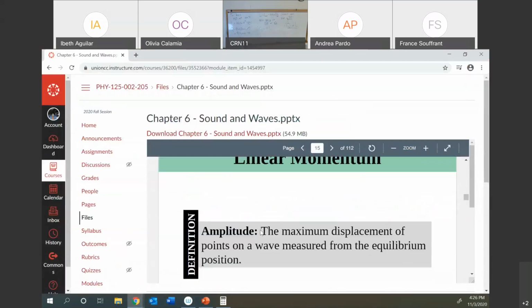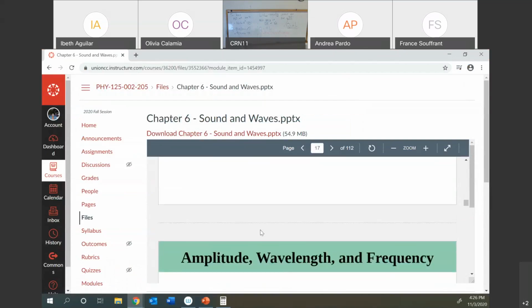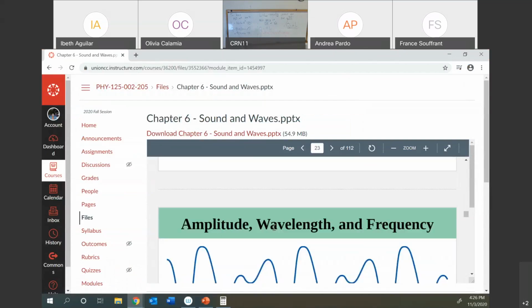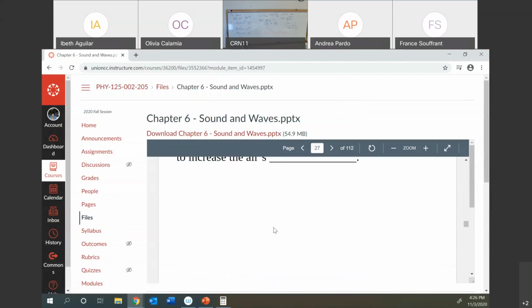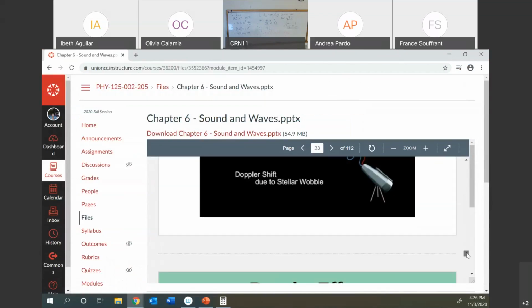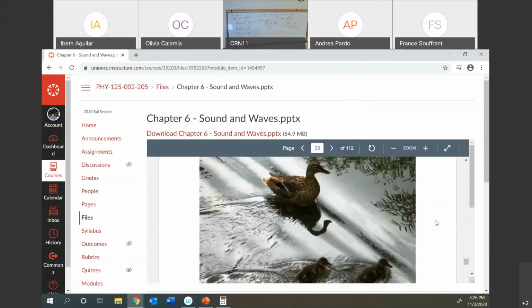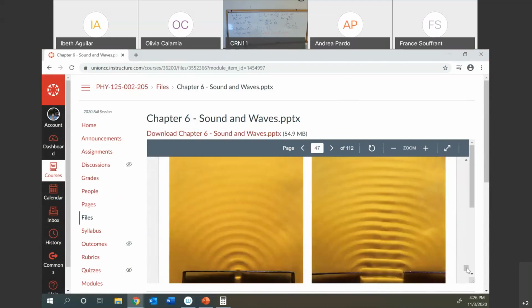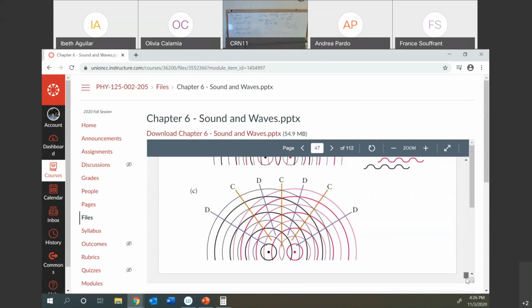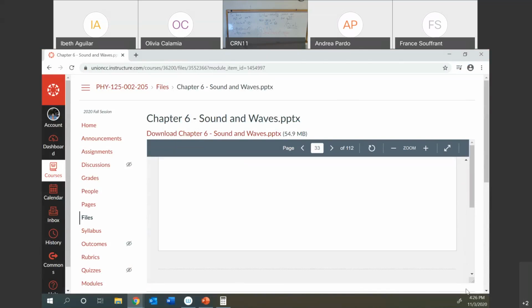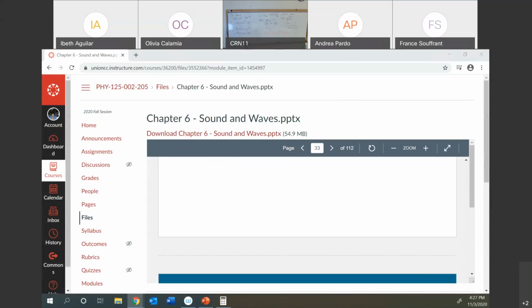Let's take a look at this here. Amplitude. Oh, it's coming all the way here. So as you can see, it's not going to be that bad, this section, but Doppler effect, diffraction. You know what? Let's go here.